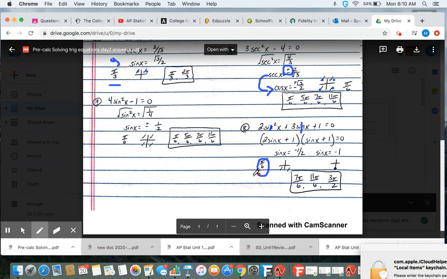But it's not the one I necessarily use because we need the ones here that would satisfy the negative, right? The negative 1/2. And that would be in 3 and 4. And that's why my answers are 7 pi and 11 pi over 6. Okay. And then over on this side, sine x equals negative 1. Where's y negative 1? Well, it's negative 1 at 3 pi over 2.